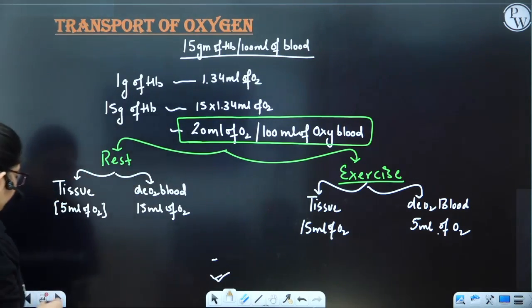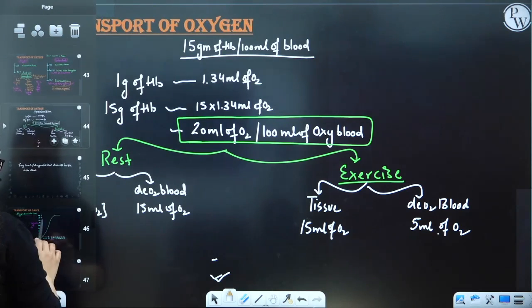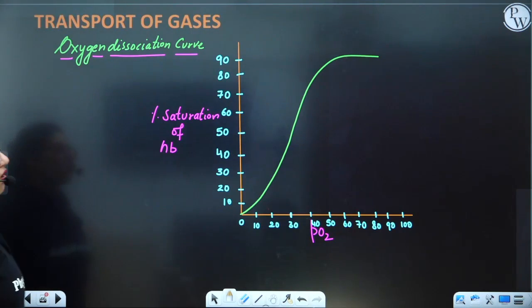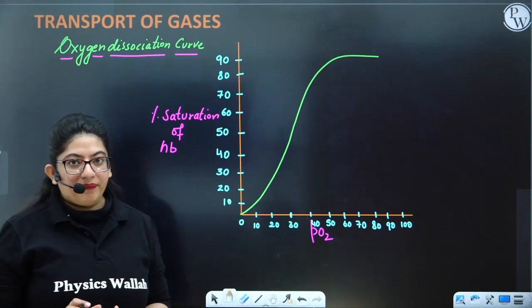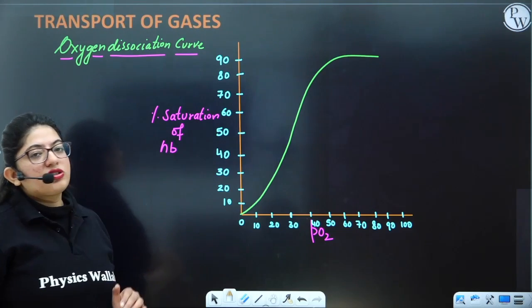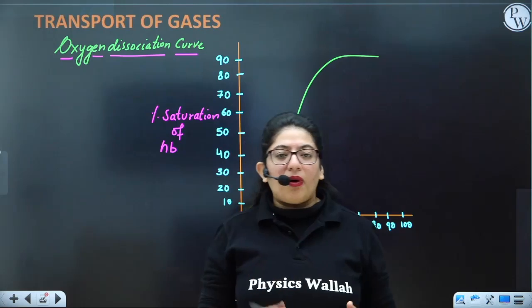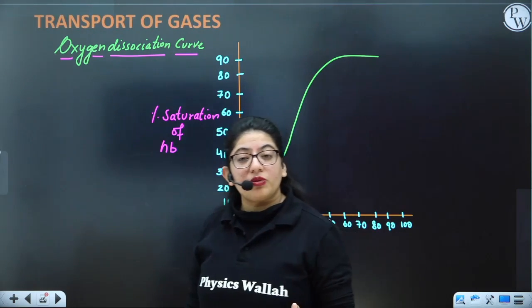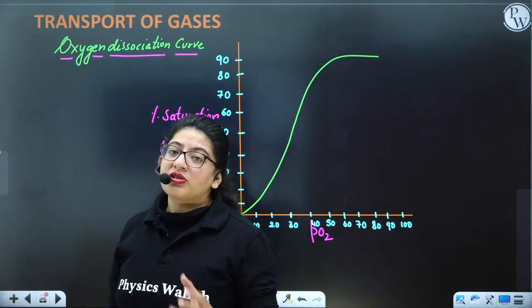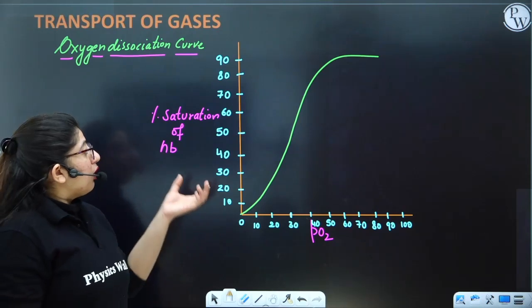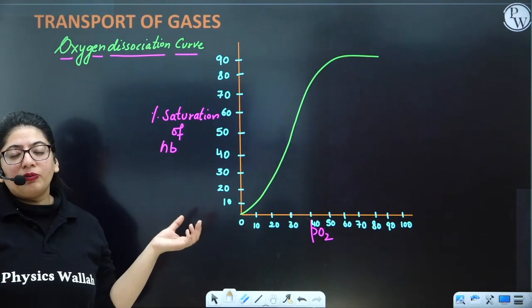Fine. Okay. Moving further to the oxygen dissociation curve, which is a very, very important topic. So, what is the oxygen dissociation curve? This is a curve which tells you about the relationship of the partial pressure of oxygen and percent saturation of hemoglobin. What is percent saturation of hemoglobin?